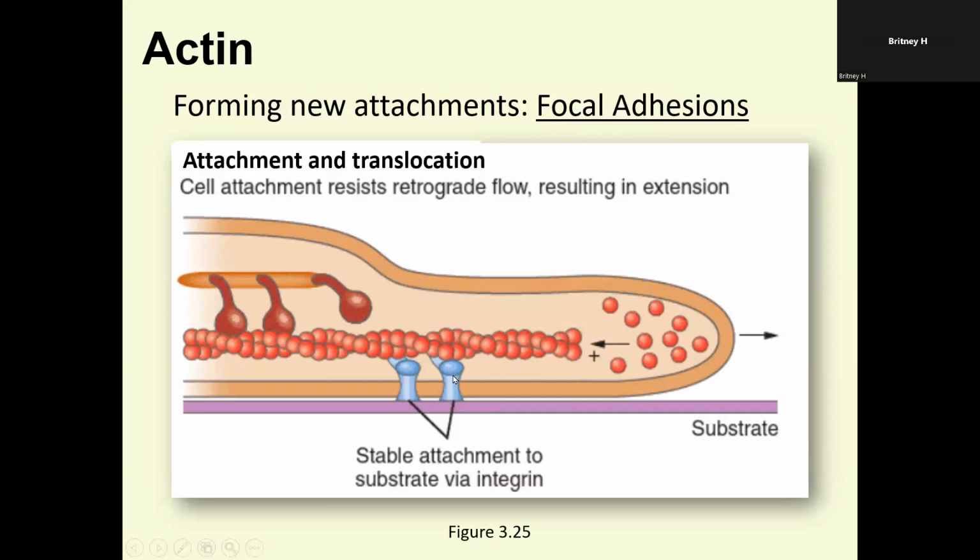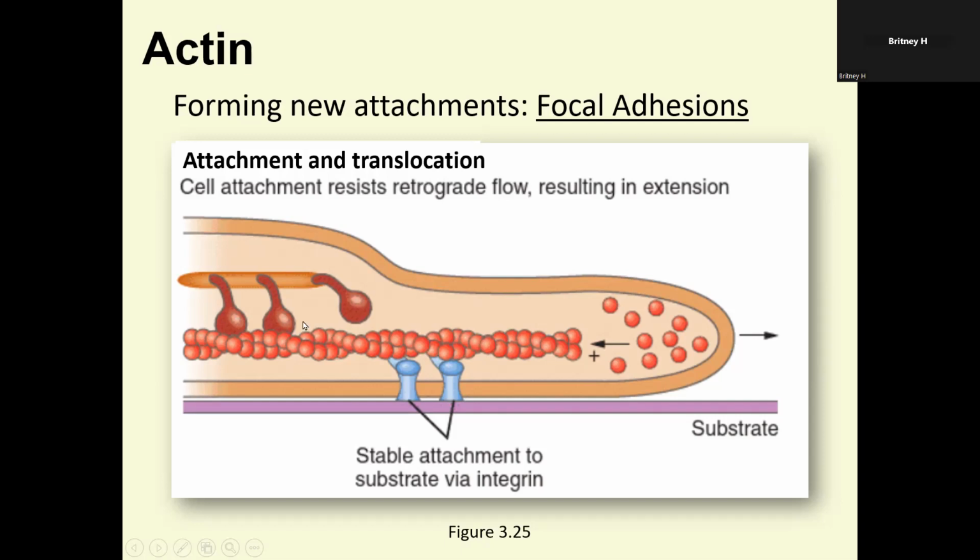So focal adhesions are conglomerations of integrins, and these integrins are transmembrane proteins. They bind to what it says is substrate, basically fibronectin, and I think collagen as well. And then on the inside, they're attached to the microfilaments. So at this point, the myosin's pulling these microfilaments back and they're treadmilling, and then boom, it grabs onto the substrate.